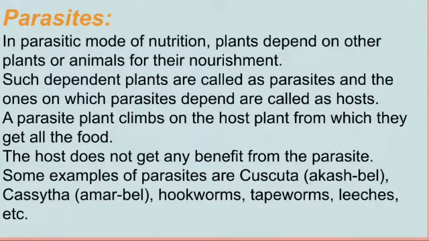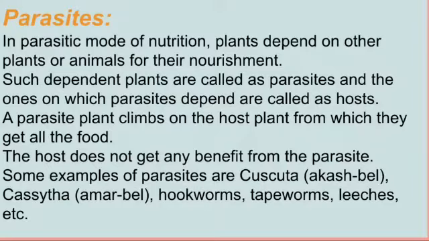Such dependent plants are called parasites. So the plant which is dependent on the other plant is known as the parasite, and the one on which the parasite depends is called the host. A parasite plant climbs on the host plant, from which it gets all its food. The host does not get any benefit from the parasite.